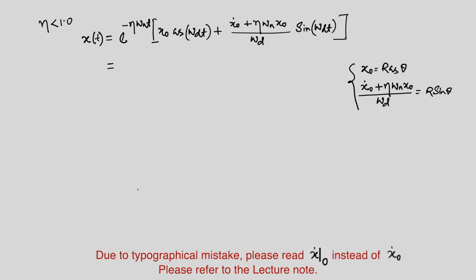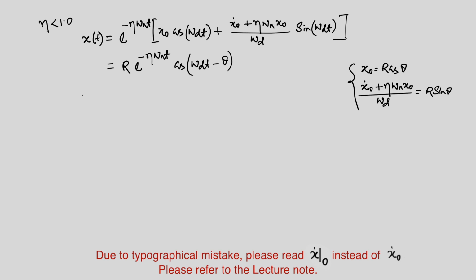So, this will be equal to r e to the power minus eta omega n t and then cos omega d t minus theta.